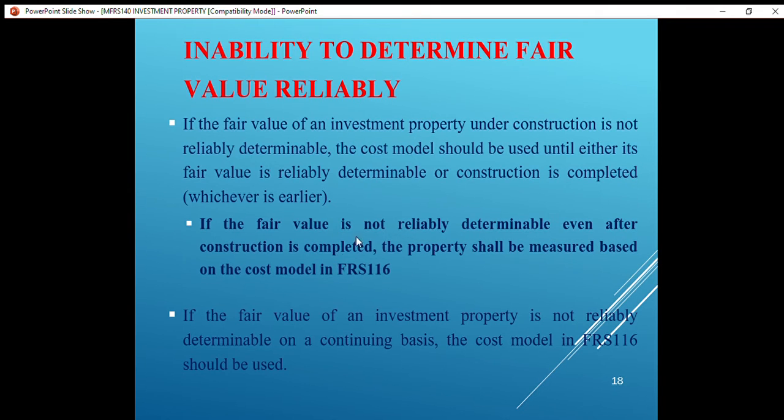So this is for investment property under construction. Alright, and then if the fair value of an investment property is not reliably determinable on a continuing basis, the cost model in MFRS 116 should be used.